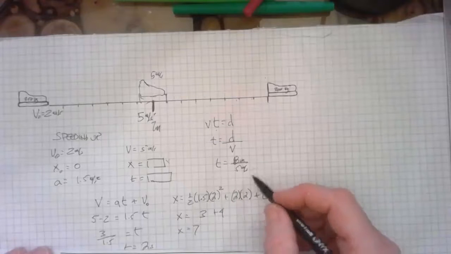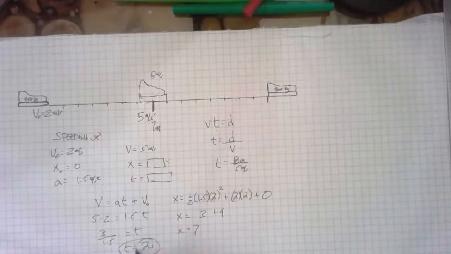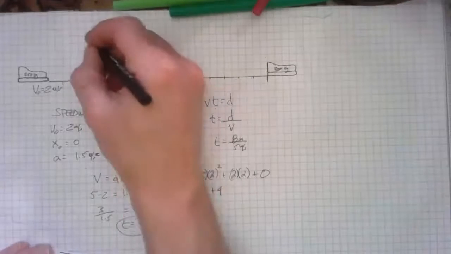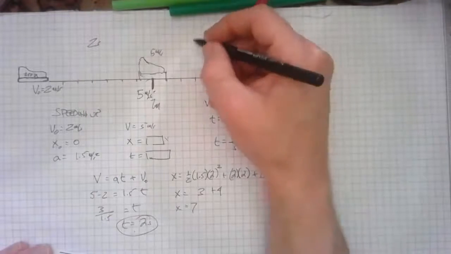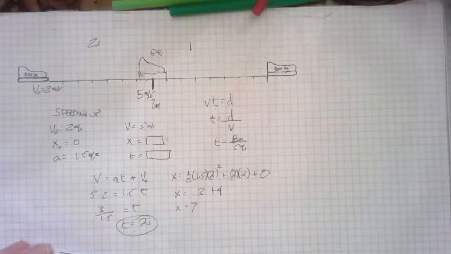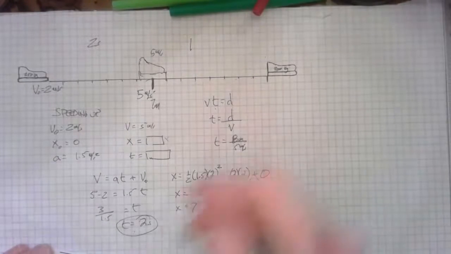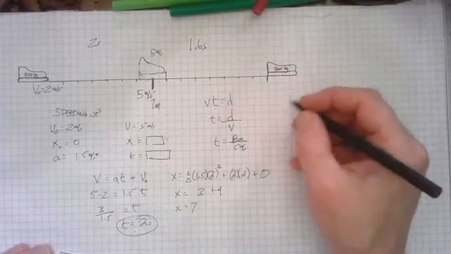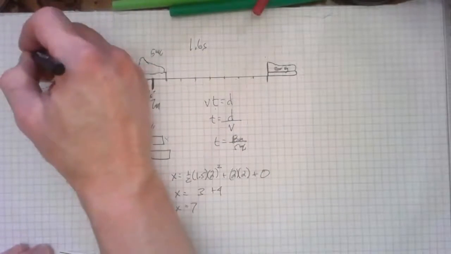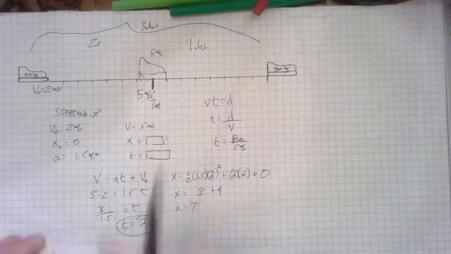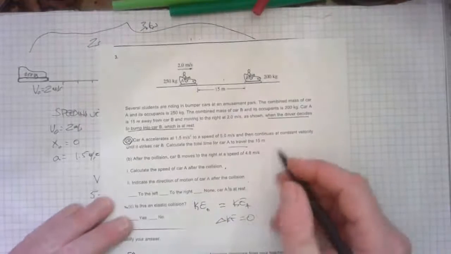So the total time is the 2 seconds to accelerate from here to here. That took 2 seconds. And then it took, well, 1 3/5, 2, 4, 6, 1.6 seconds. So for a total time of 3.6 seconds to go from here to here under those conditions. So that's what I would have.